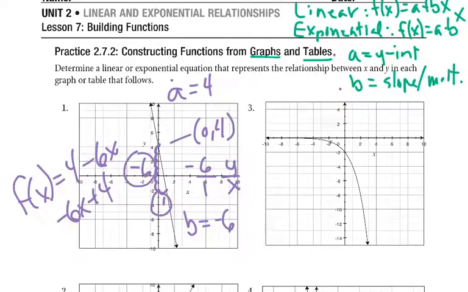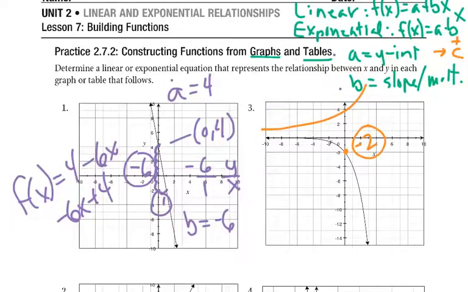Now we got our exponential because it's curved. First of all, our y-intercept is going to be there at negative 2. Now, our asymptote looks like it's at the x-axis, so we don't have to worry about any other thing, because sometimes we have a plus c here if it's switched around. Now, normally they go up like this, so going down like this means that we're going to have a negative.